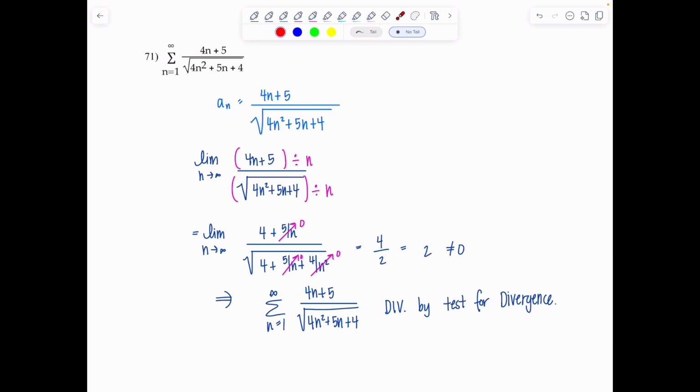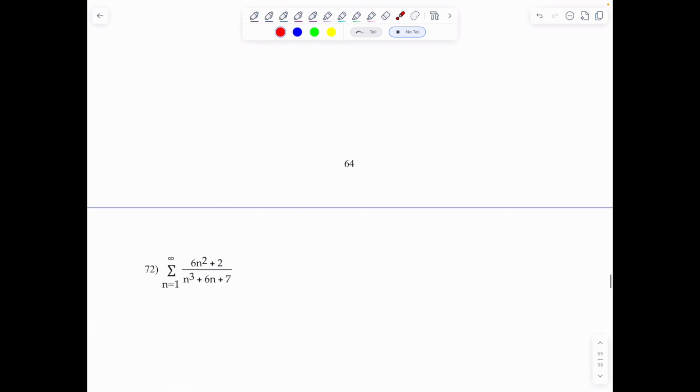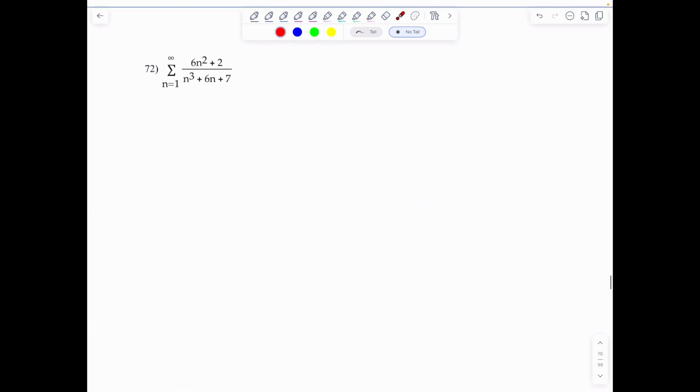Okay? All right, let's look at another one. So we have the sum n equals 1 to infinity 6n squared plus 2 over n cubed plus 6n plus 7. Okay, so you're maybe all hyped up on that test for divergence. You're like, let's try it again.